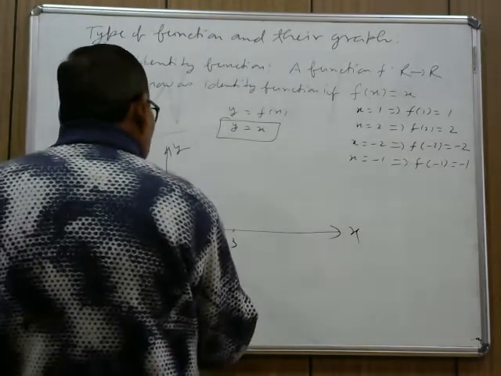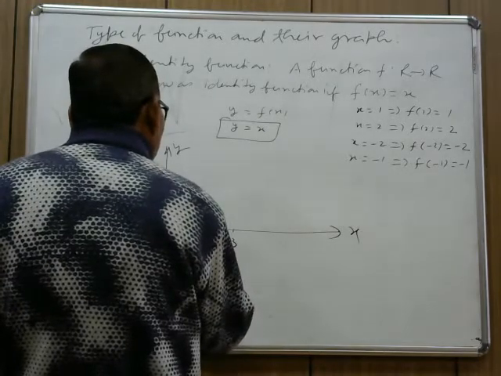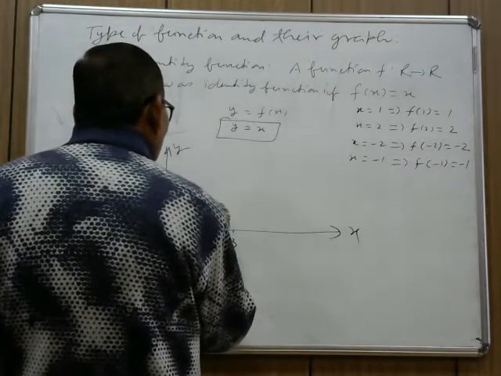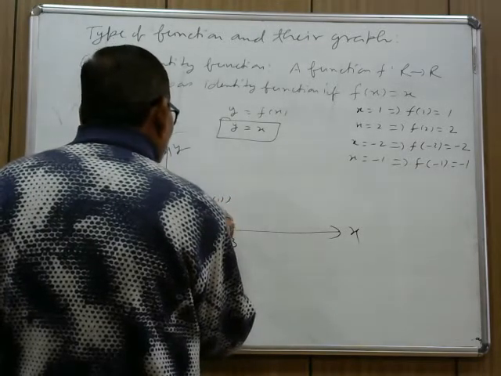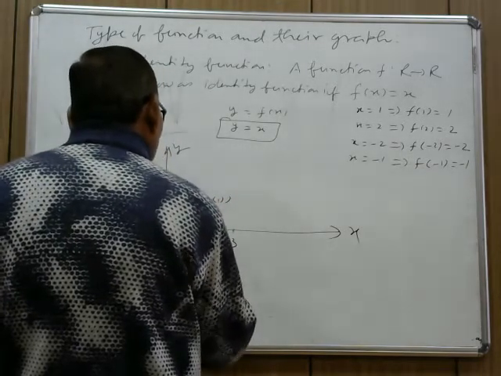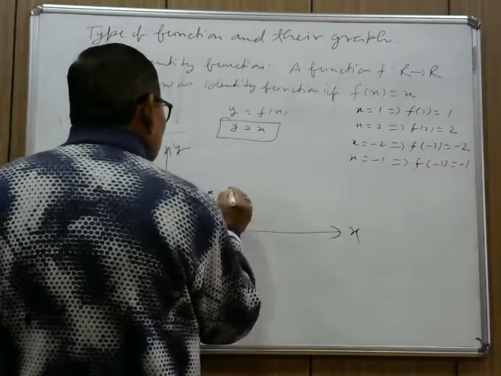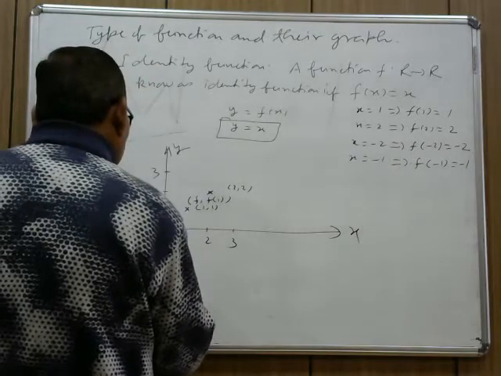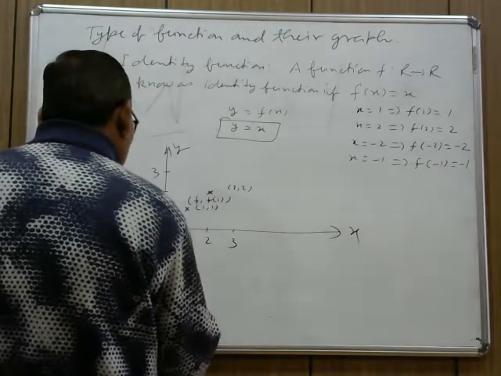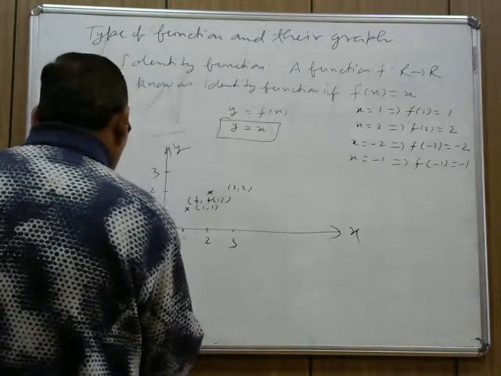So you may say the value of x, f(x): this is 1, f(1). Both are 1, 1. This is 1, 1. This is 2, 2. This is minus 1, minus 1. This is minus 2, minus 2.